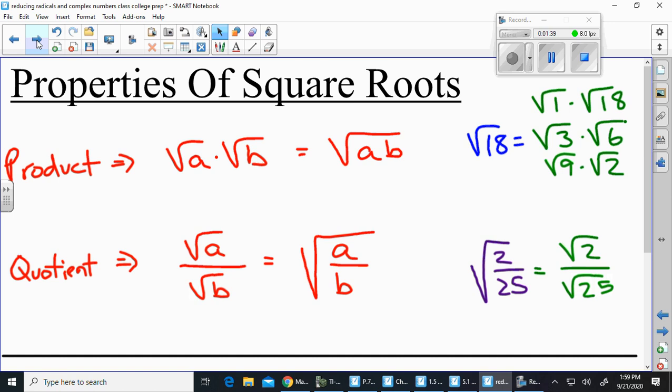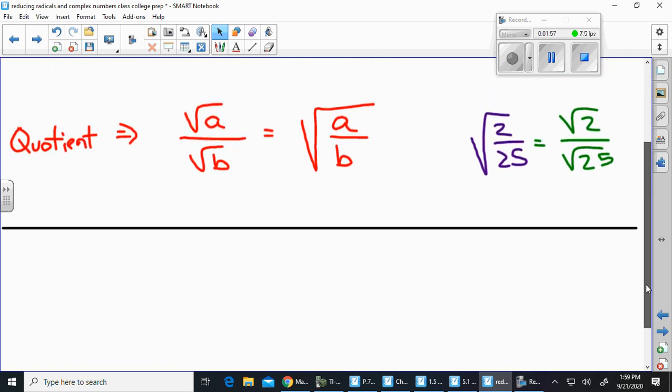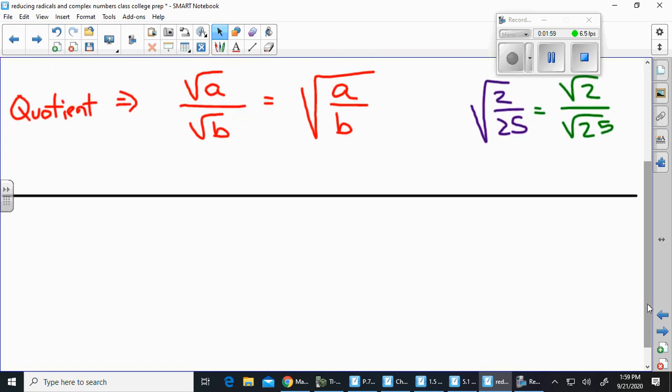The radical of A divided by the radical of B is the same thing as the radical of A over B. So I just showed radical 2 over 25 is radical 2 over radical 25. That's really me just showing you that.